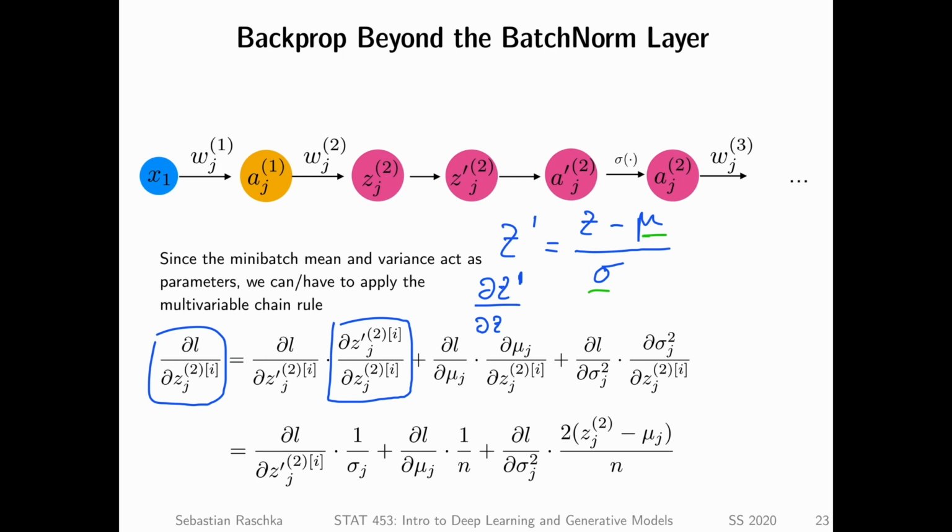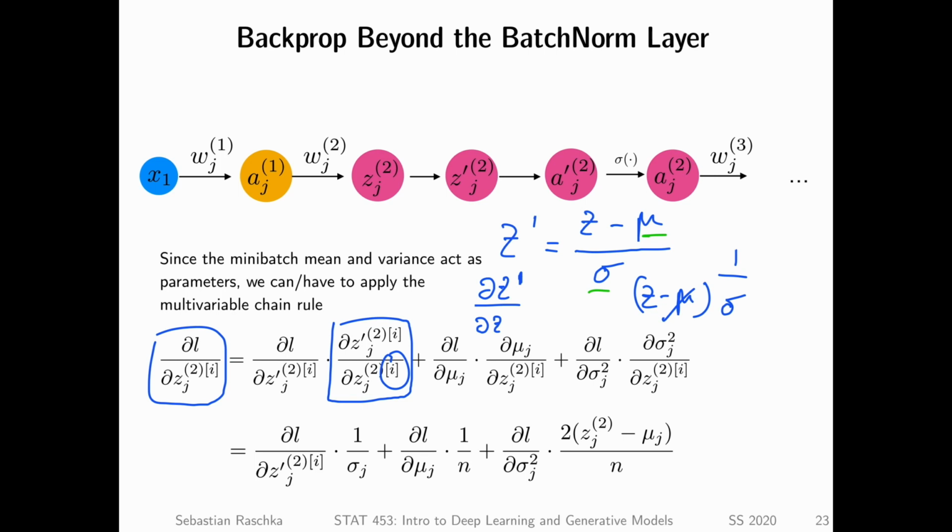So maybe let me rewrite this as z minus mu times 1 over sigma. Then it's maybe easier to see. Mu becomes a constant, so this goes away. Also, one thing to say here, this is one single training example.